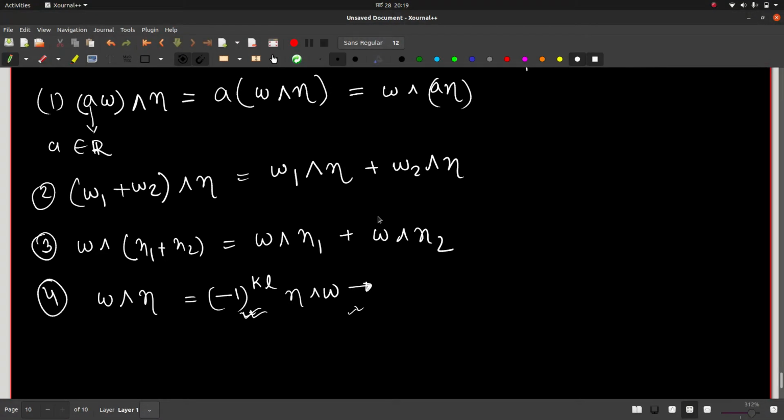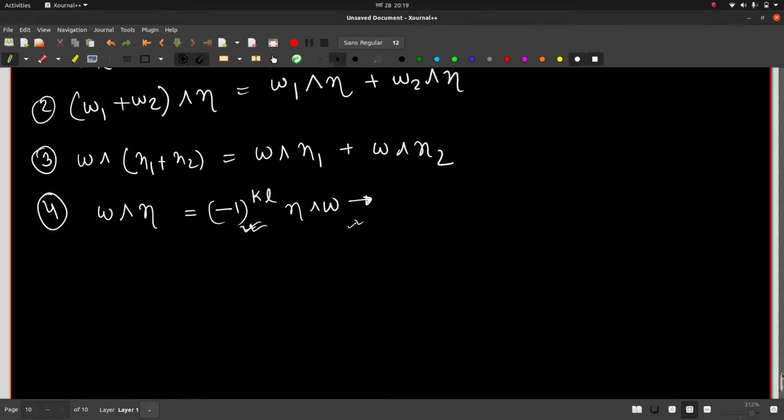So now what we want to do is, let's say you are taking two differential forms. One is a k form, another is an L form. Okay, so let's say alpha is a k form, which can be written as alpha equals summation over I of a_I dx_I, like this.